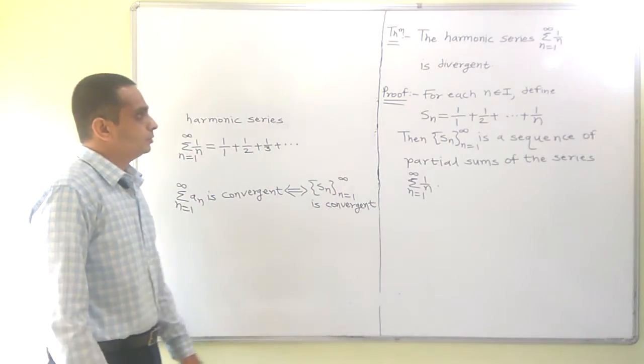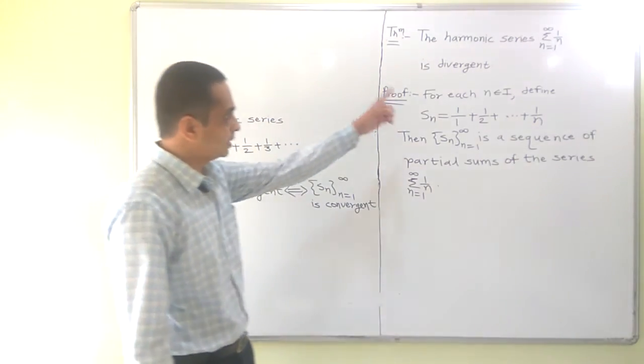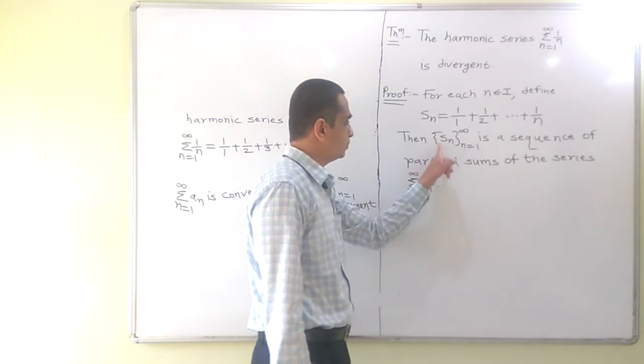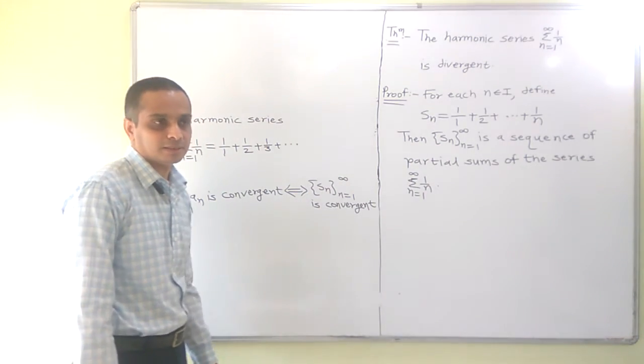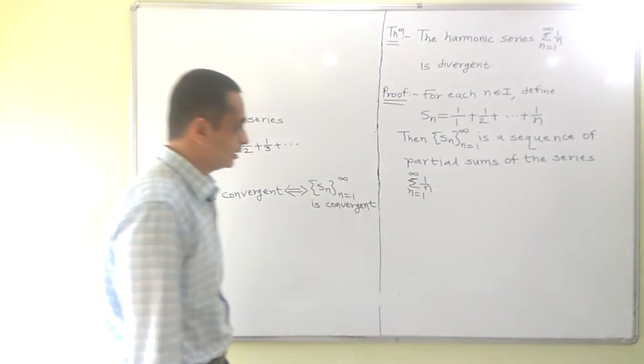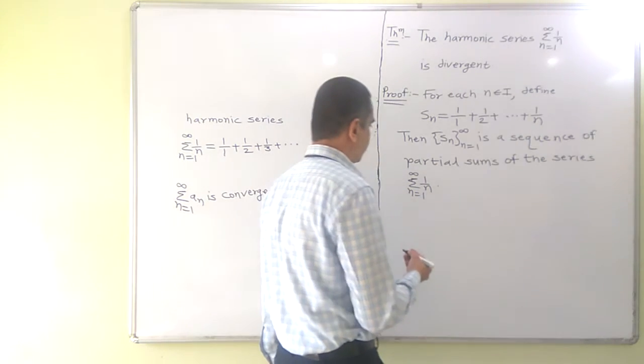So we have to prove that the harmonic series is divergent, which means we have to prove that the sequence S_n is divergent. Okay. So let us see the proof of this.